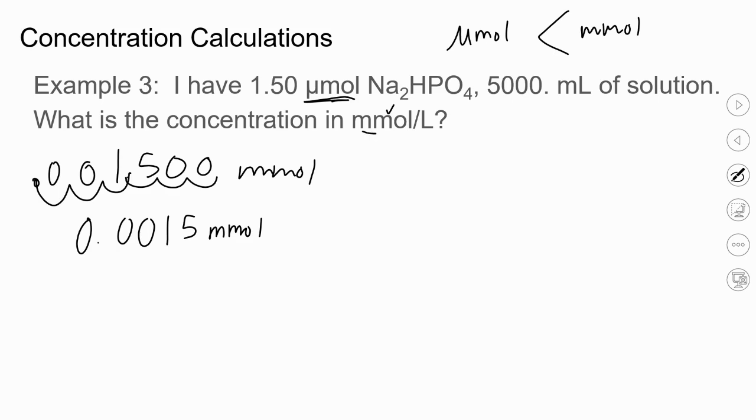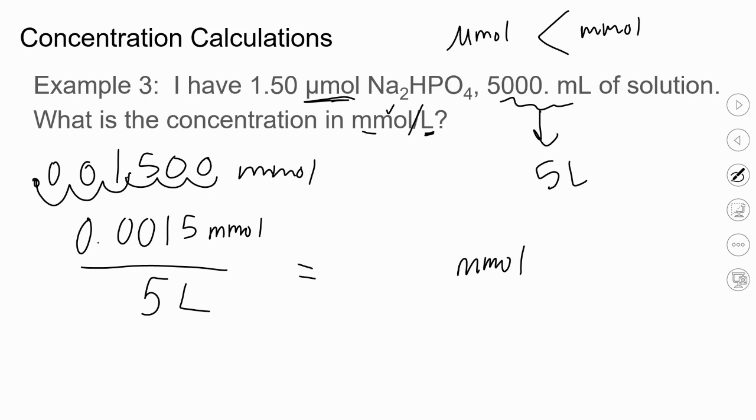Now we have millimoles. This is telling us millimoles divided by liters. So how many liters is this? 5. Hopefully the milliliters to liters is pretty straightforward. Then we divide by 5 liters, and this will give us millimoles per liter.